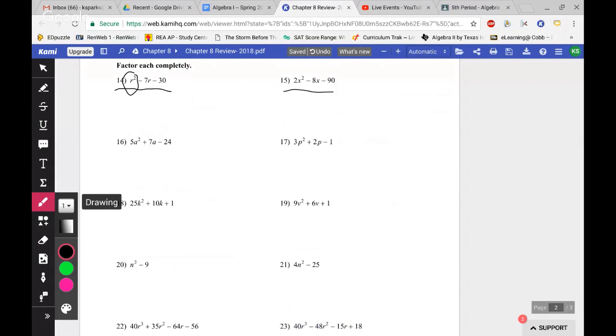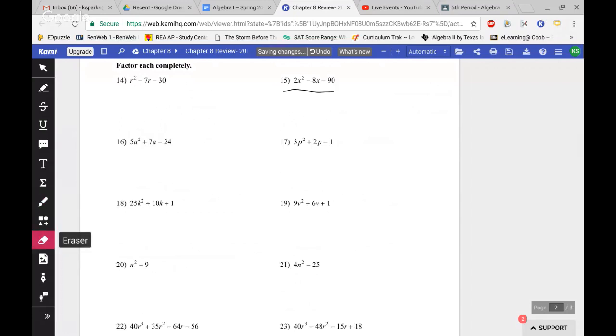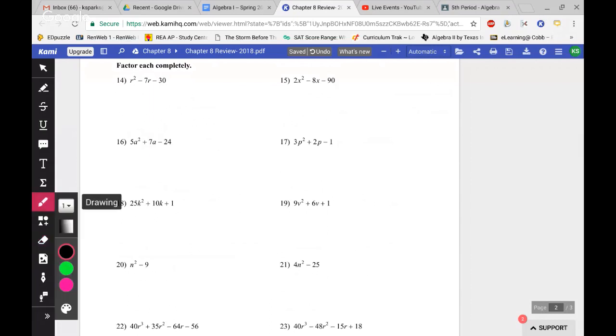And looking at 15, what is the coefficient on this x squared? 2. Okay. The big difference between 8.5 and 8.6 is that in 8.5, every single one of them is like 14, with a leading coefficient of 1. And in 8.6, every single one of them has a coefficient other than 1. So that's the big difference. But now that you've been introduced to both, I'm just going to approach each one kind of the same.